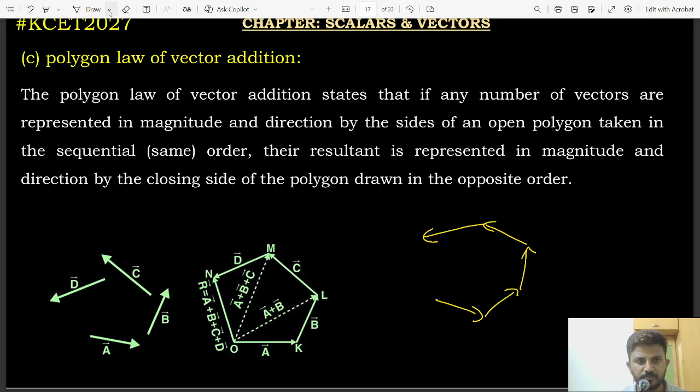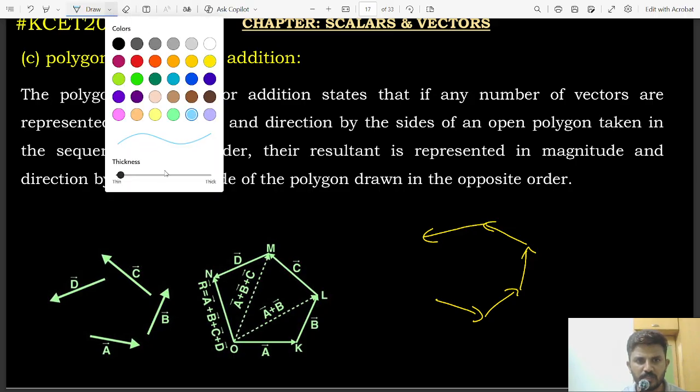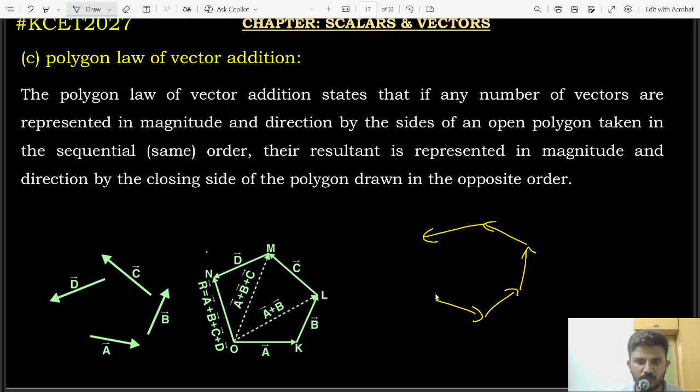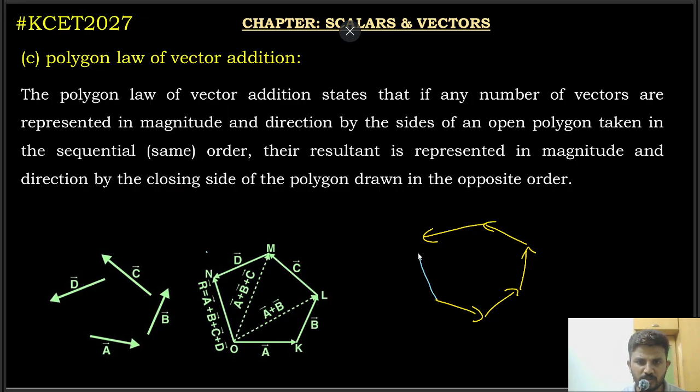Just, dear students, draw a vector which joins these two ends, in the opposite direction. This is the resultant. Let's consider this is vector A, this is B, this is C, this is D, and this is E. The sum of A plus B plus C plus D plus E is equal to vector R here.